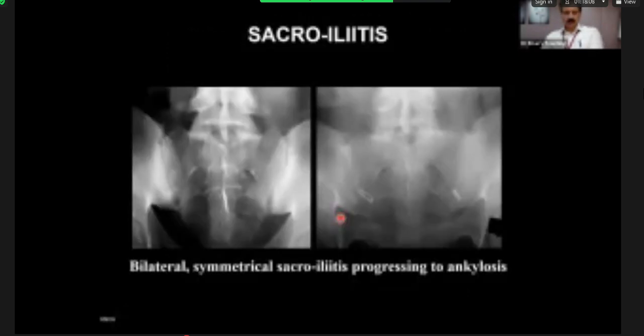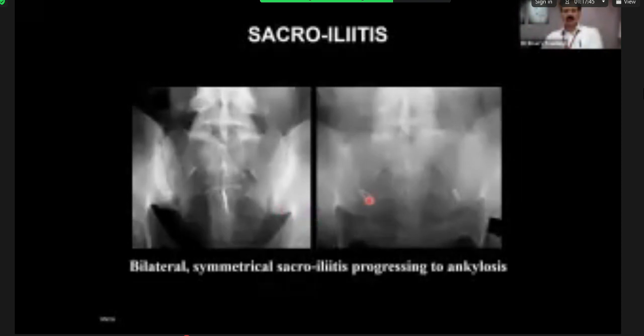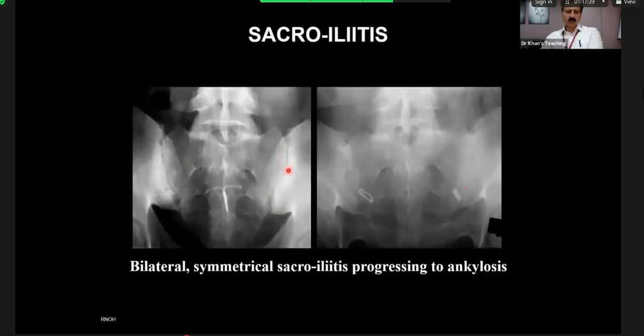Now, this is a case of ankylosing spondylitis. Over the years, you can see how there is ankylosis, and you can see that there was an IUCD. Now there are tubal ligation clips in the same patient. So this is just to show you how you see it.